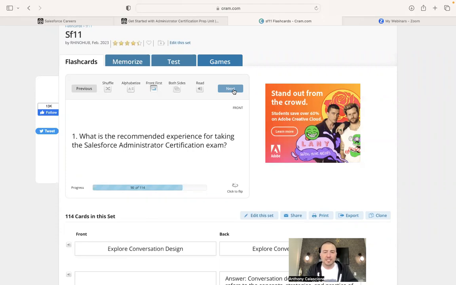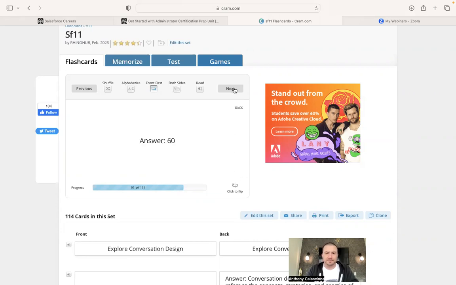What is the recommended experience for taking the Salesforce Administrator Certification exam? 6 months hands-on experience as an administrator. How many questions are on the Salesforce Administrator Certification exam? 60. What is the passing score for the Salesforce Administrator Certification exam? 65.